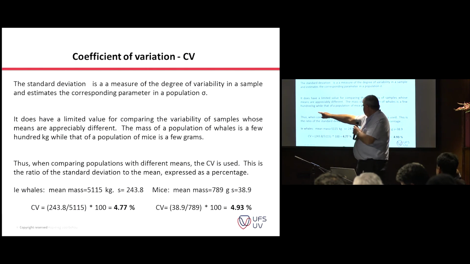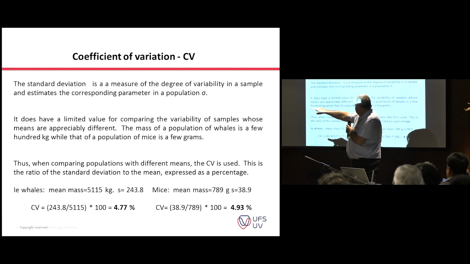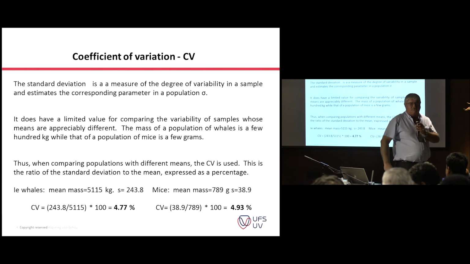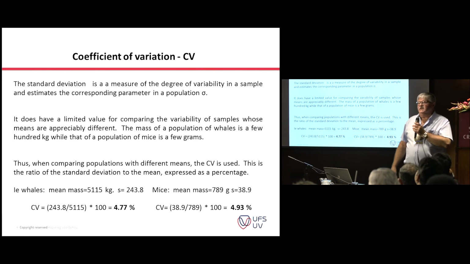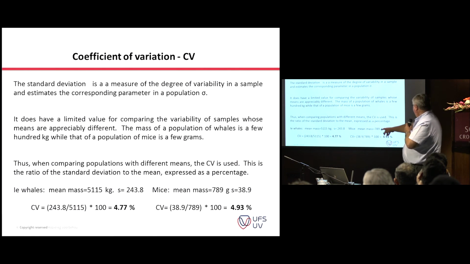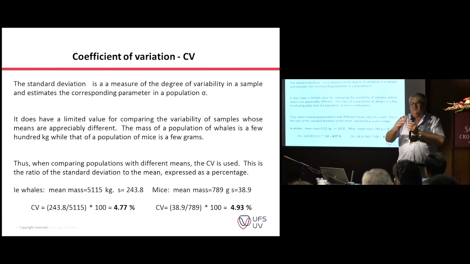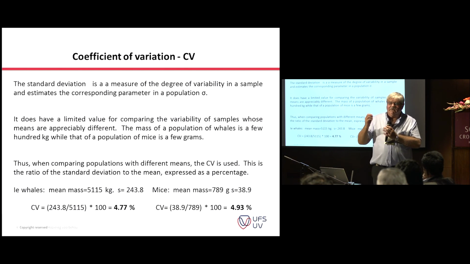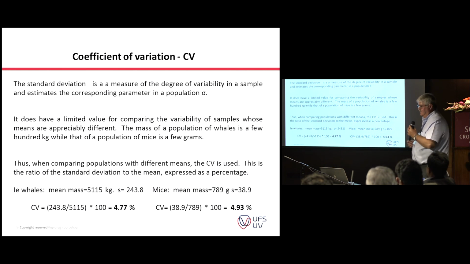And it's very, very simple. I take the standard deviation divided by the mean times 100, okay, and I've got a percentage. So in other words, I can tell you that the variation is about 5% on either side of the mean. Okay. So we need to look at standard deviation in relation to the mean.